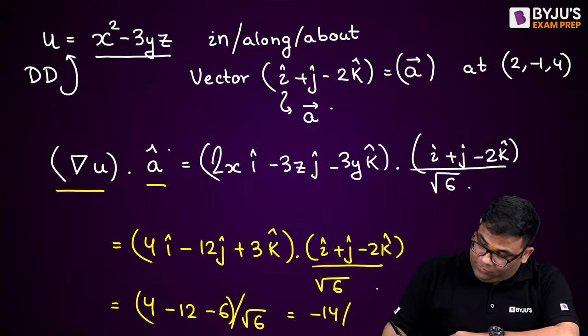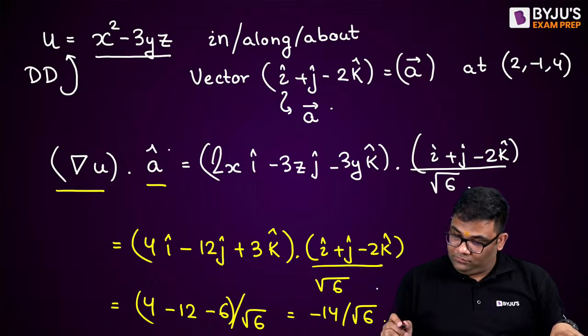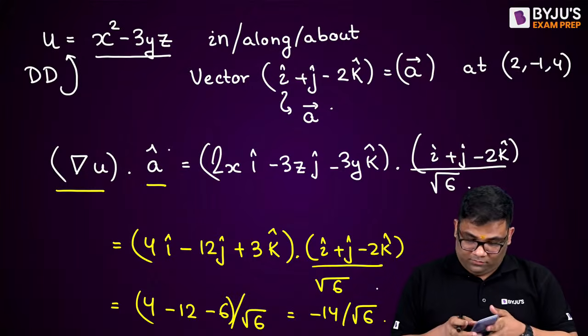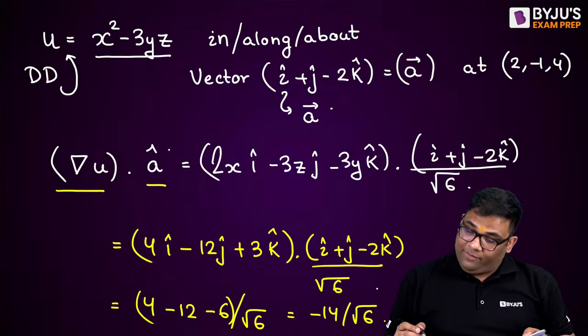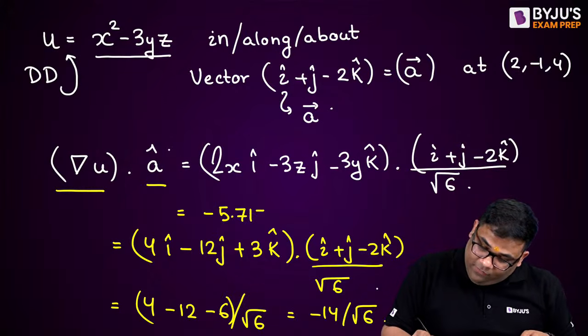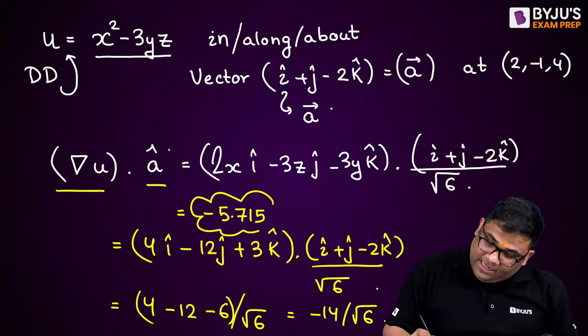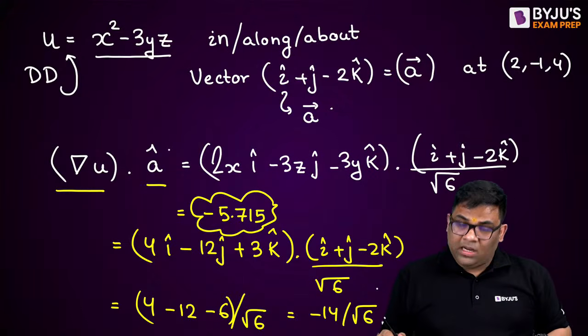Minus 14 by root 6. How much are you getting this value? Tell me. I'll check the answer. I'm getting minus 5.715. I'll get a scalar, right?